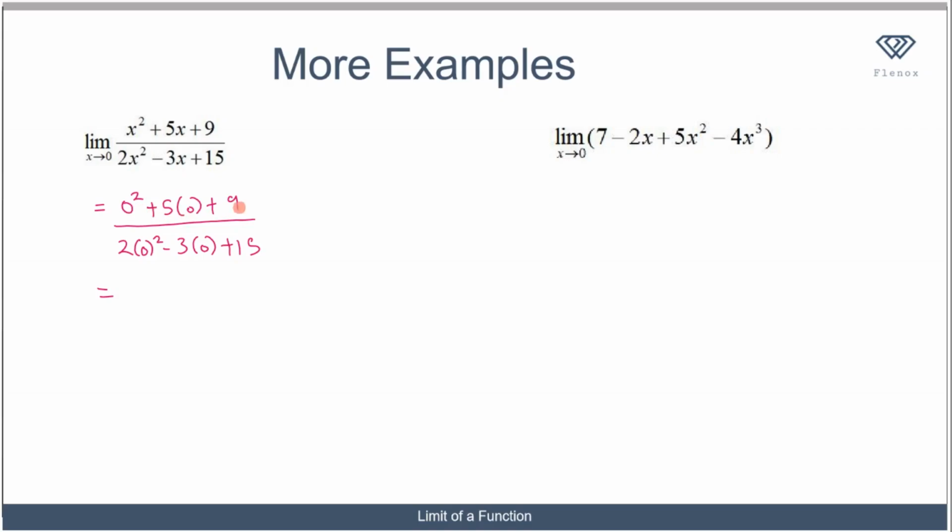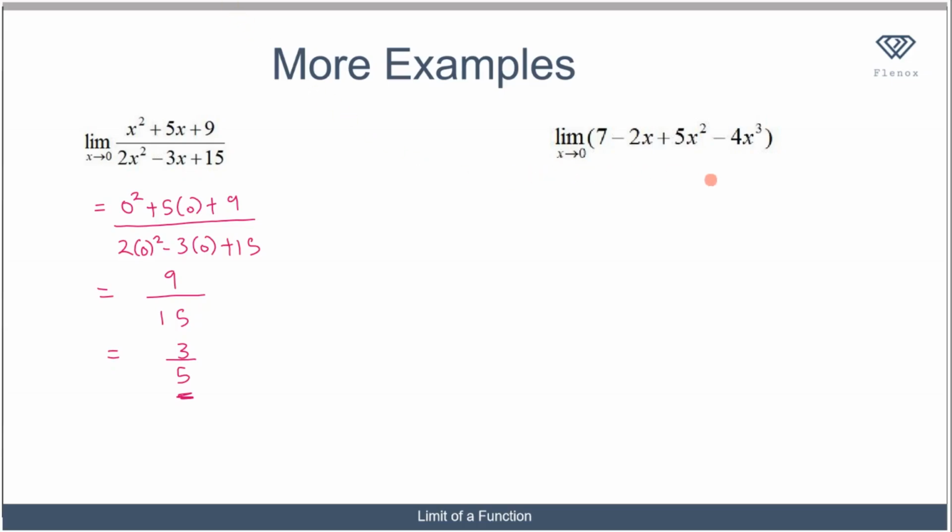The zero terms vanish, this becomes 9 and this becomes 15. So that becomes 3 over 5. As you can see, 3 over 5 is a defined number. So the limit of this function as x tends to 0 is 3 over 5.